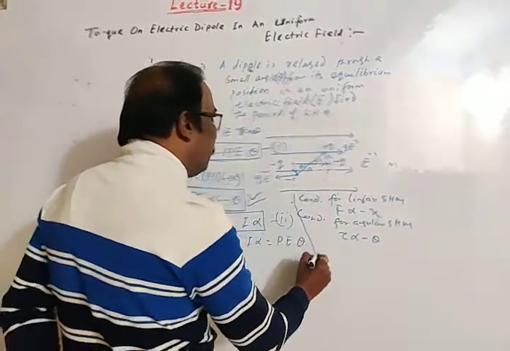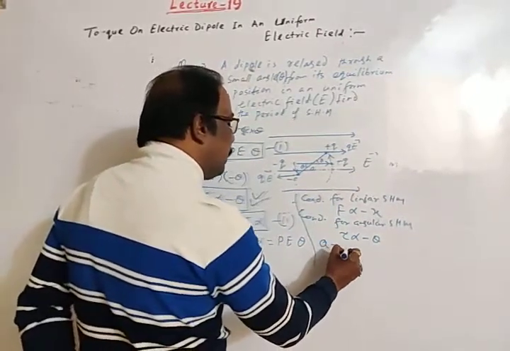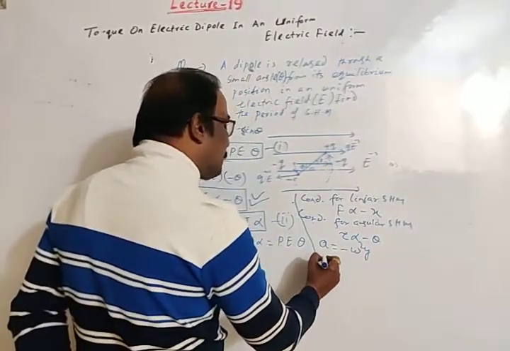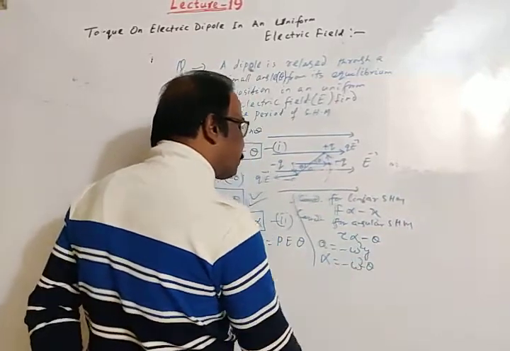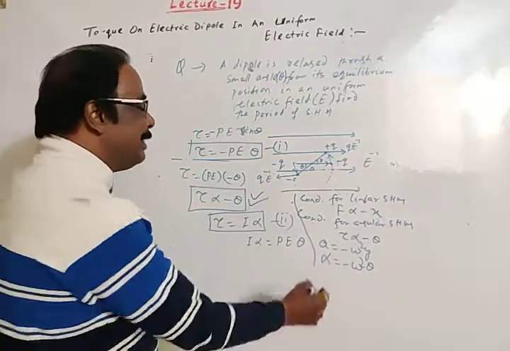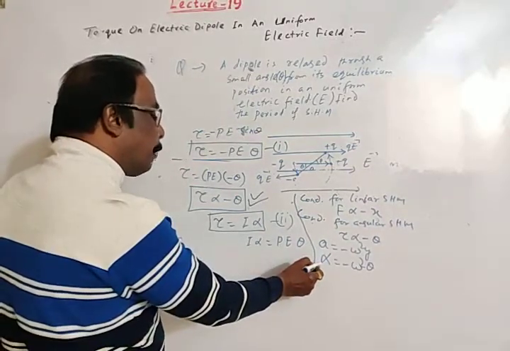Also you know, in linear SHM, linear acceleration is minus omega square y. For angular SHM, angular acceleration is minus omega square theta. This is from oscillatory motion. This is for linear motion, this is for rotational or angular motion.